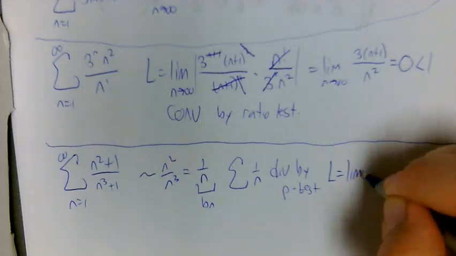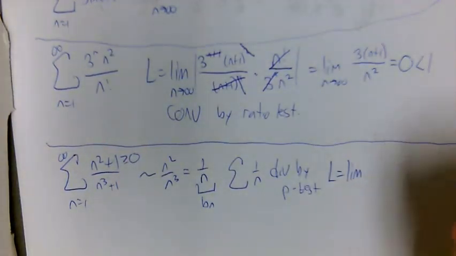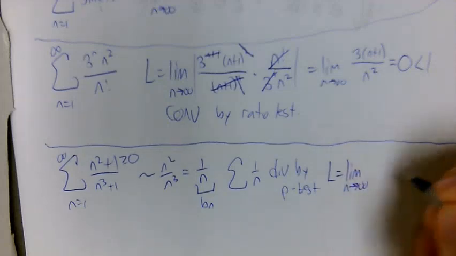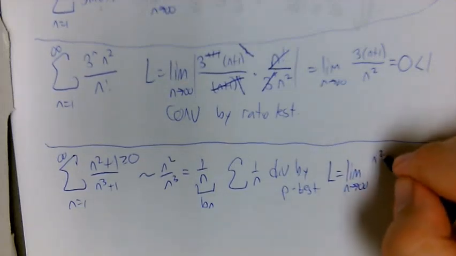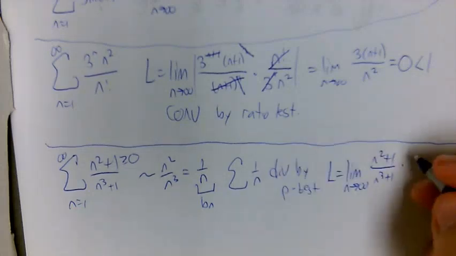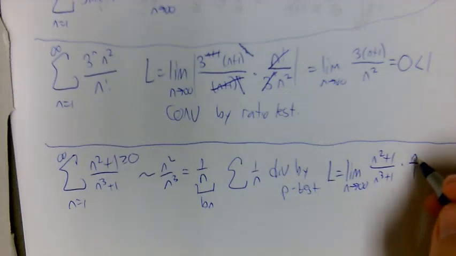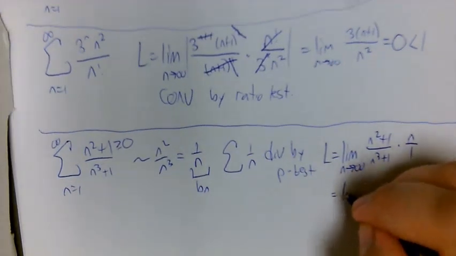So if we look at our limit comparison test, which we are allowed to use because this is greater than or equal to 0, we have the limit as n goes to infinity of n squared plus 1 over n cubed plus 1, and then we divide by 1 over n. So dividing by 1 over n is the same as putting an n up here.